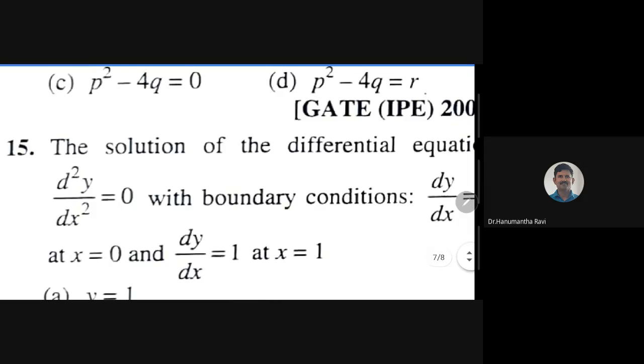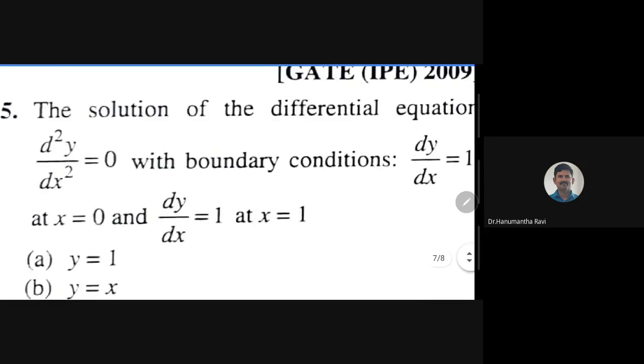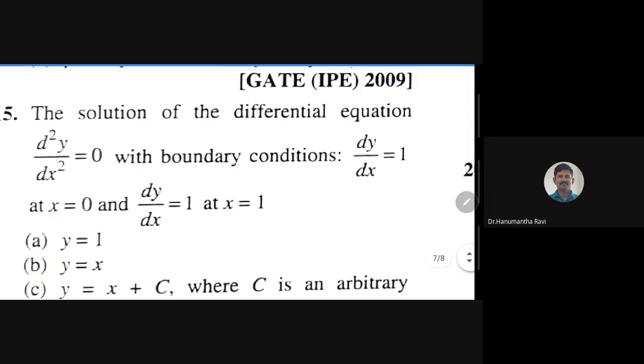The 15th one: the solution of the differential equation d square y by dx square is 0 with boundary conditions. How can we do this one?